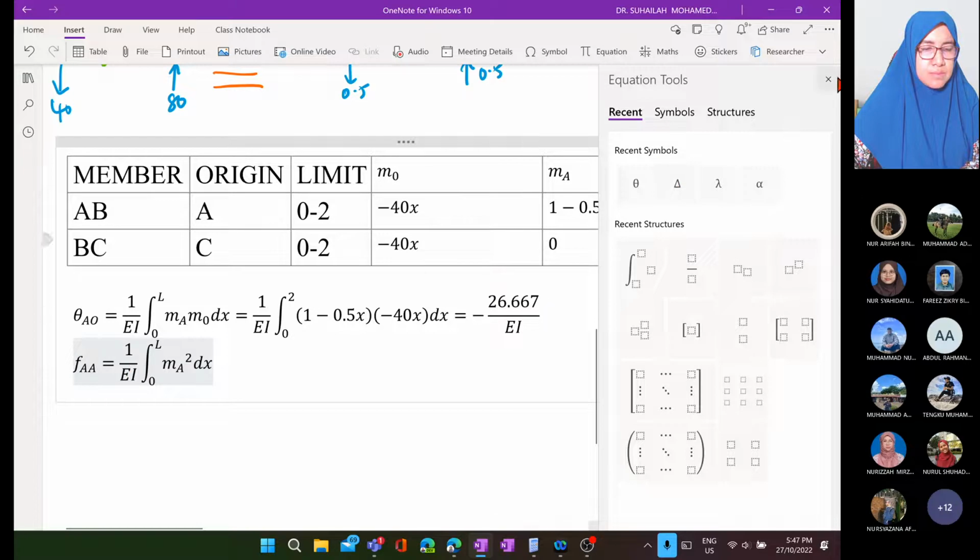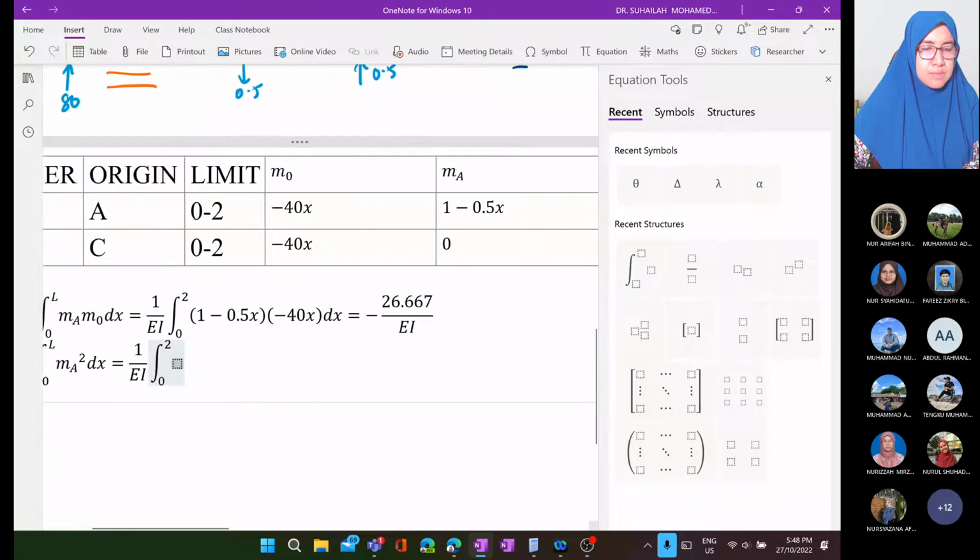FAA is 1 over EI, integrate from 0 to 2. Okay, we refer to MA.